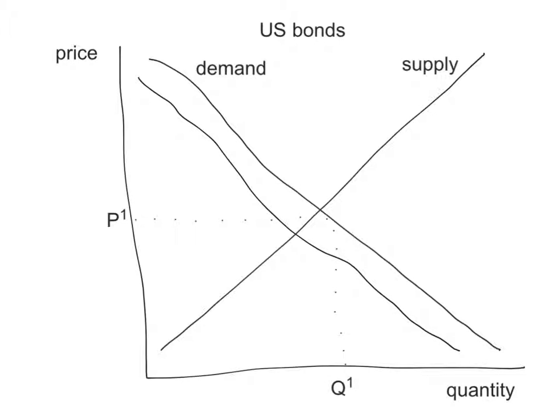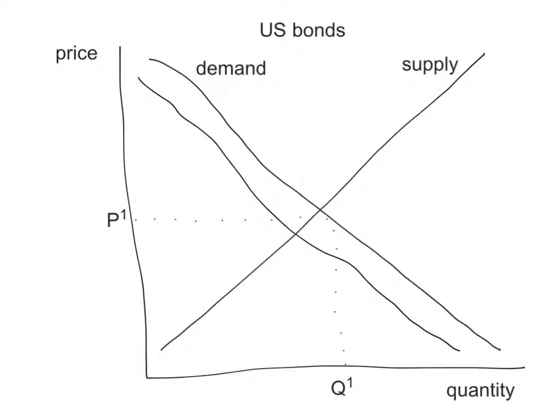We also read that the US Treasury is issuing new bonds. So that's like an increase in the supply of bonds, and we show that on the diagram by making the supply curve move to the right.